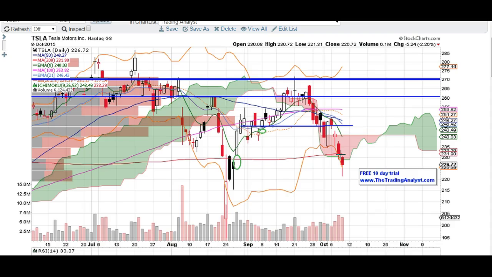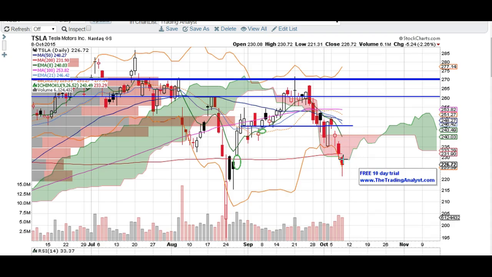But they do need to be filled at some point in time, and I am looking for possible bounce scenarios on Tesla here in the next couple days. But I'm going to wait for some confirmation. I want to see some more volume. If you look on the intraday chart, there was a lot more buying volume and a lot more bullishness than we've seen in the last couple of days.